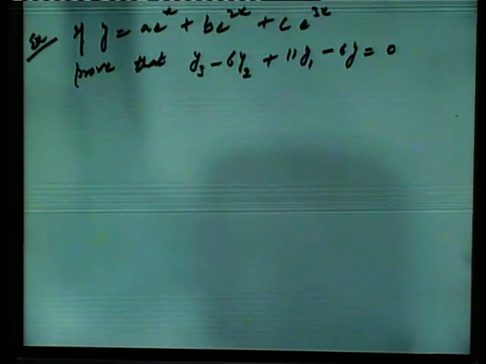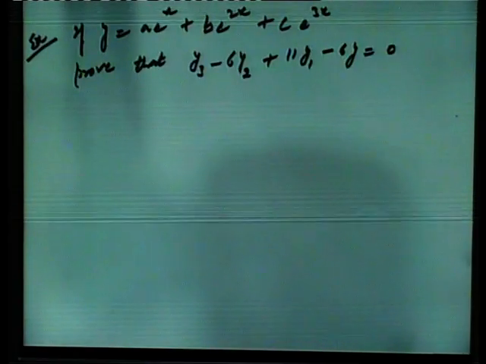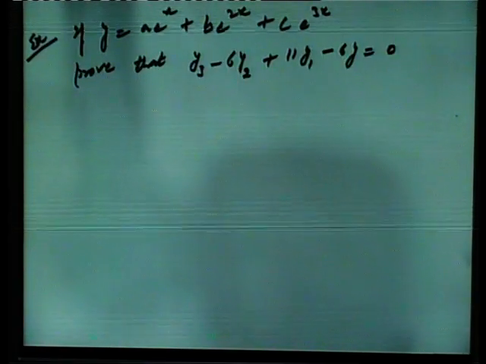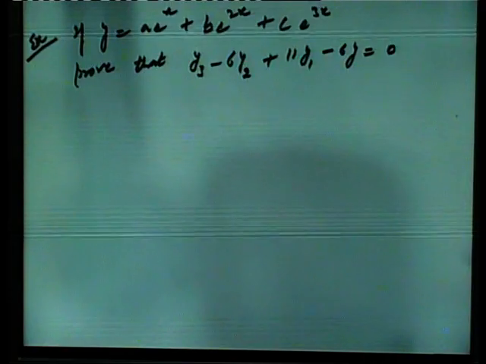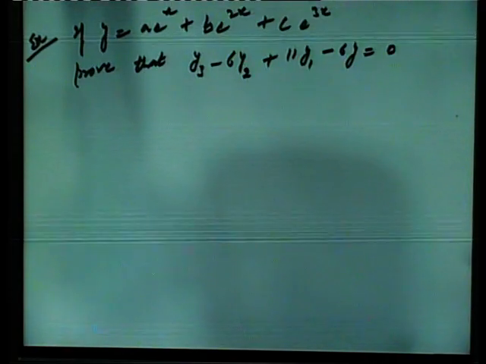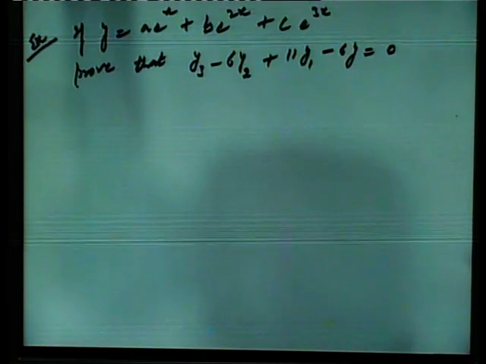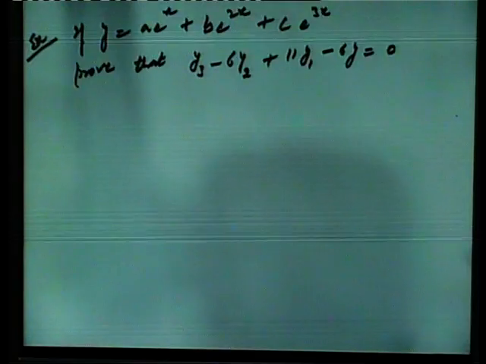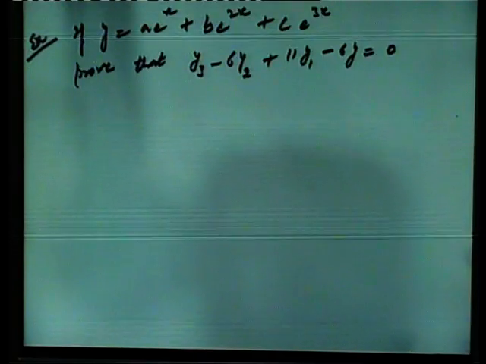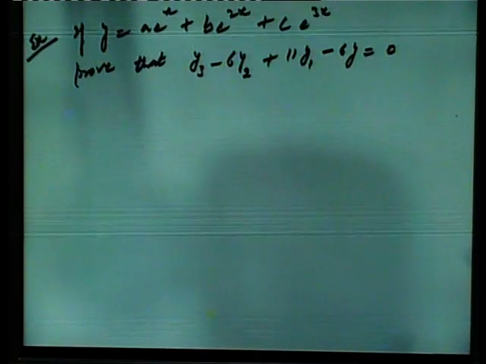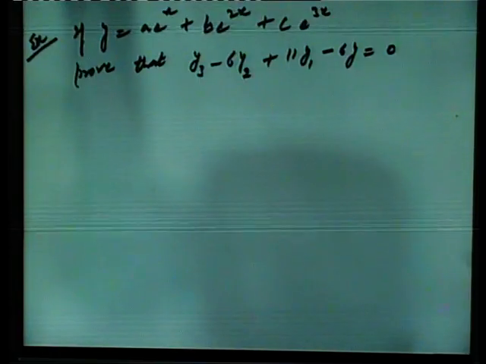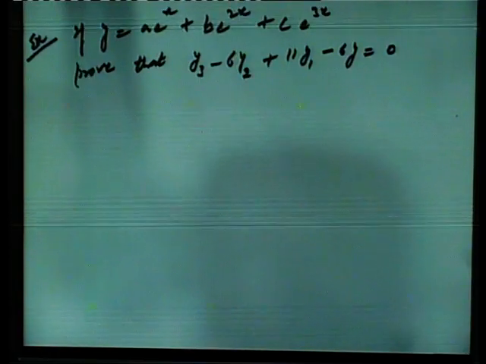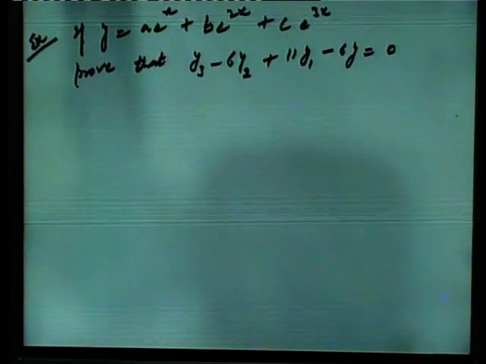So, you see that we have to prove a result that contains the third order derivative, second order derivative, first order derivative, and the result doesn't contain the constants a, b, c that are in the statement. So, we can apply the method to eliminate a, b, c from the given result with the help of derivatives.